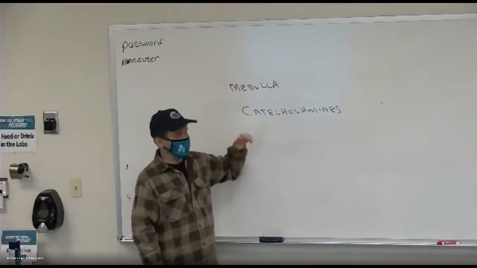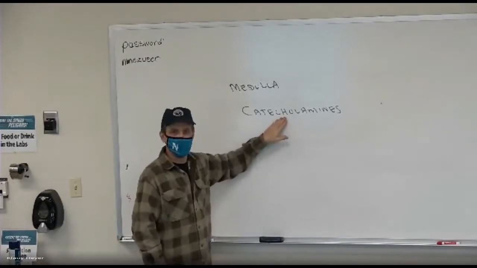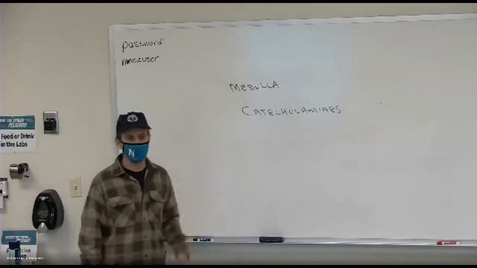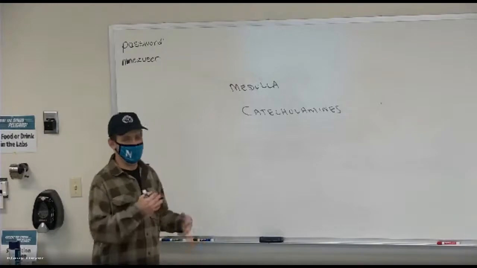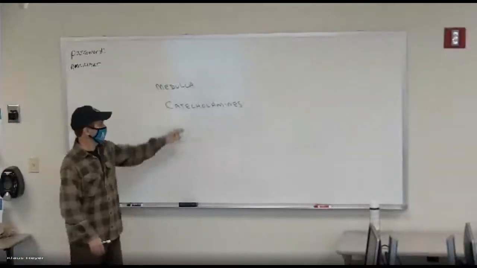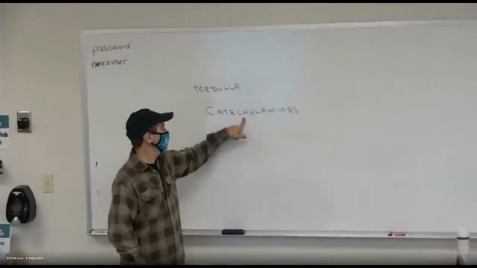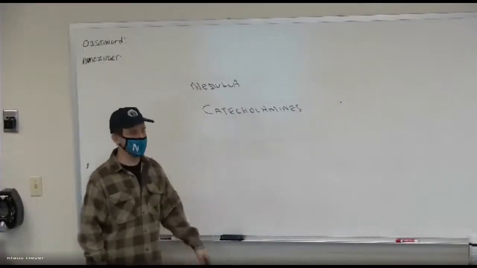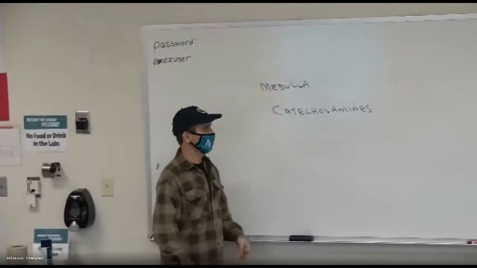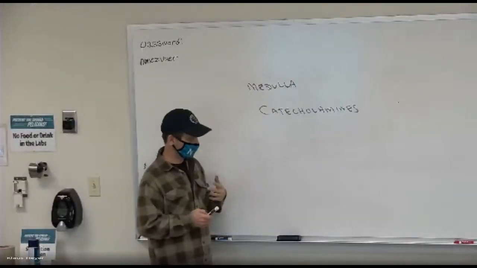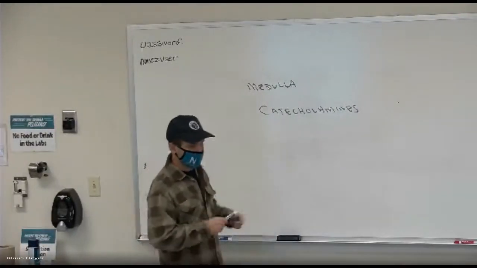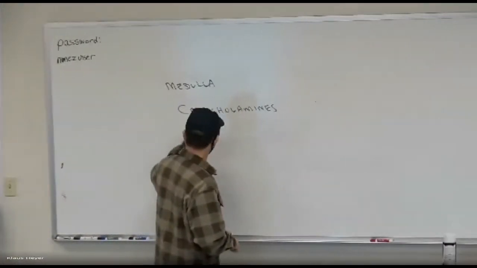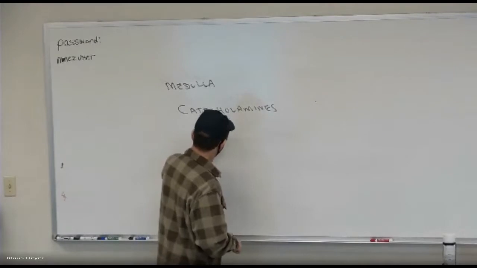Just as an FYI, when you see a CH followed by a vowel, it's not always the case, but in anatomy and medical terms, pronounce it as a hard K, like cold. Two examples which are relevant to the medulla are epinephrine and norepinephrine.